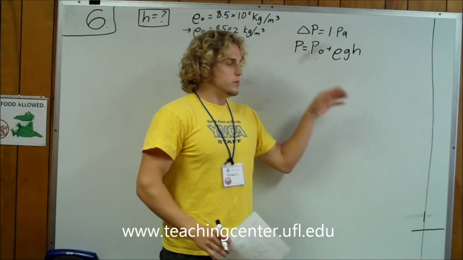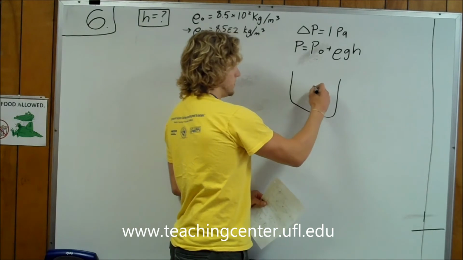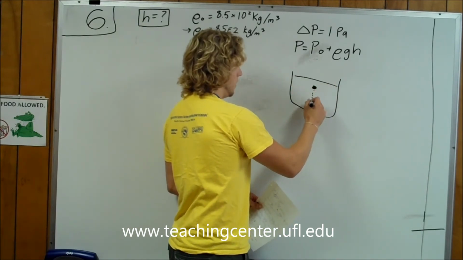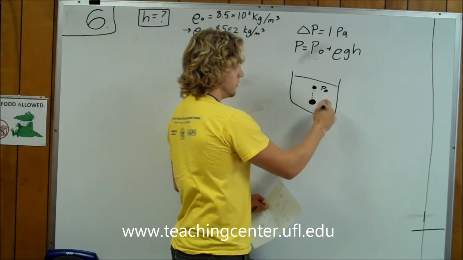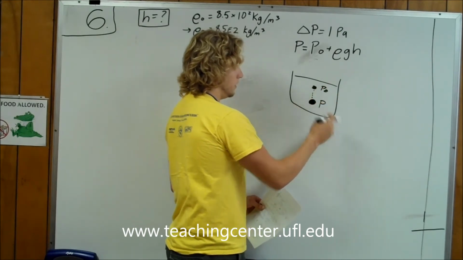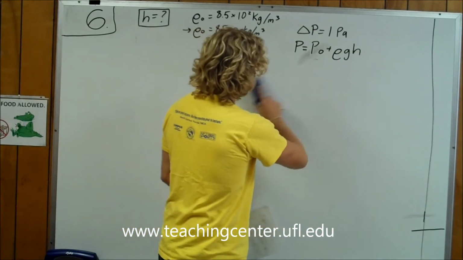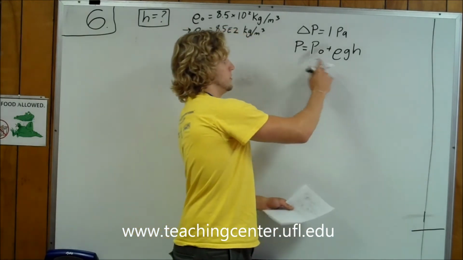So this equation is basically saying if you have something in water here and then you bring it all the way down to here, this is P naught at pressure whatever, and say you're trying to find it here, so that's the pressure difference. Just as a side note of reading the equation.